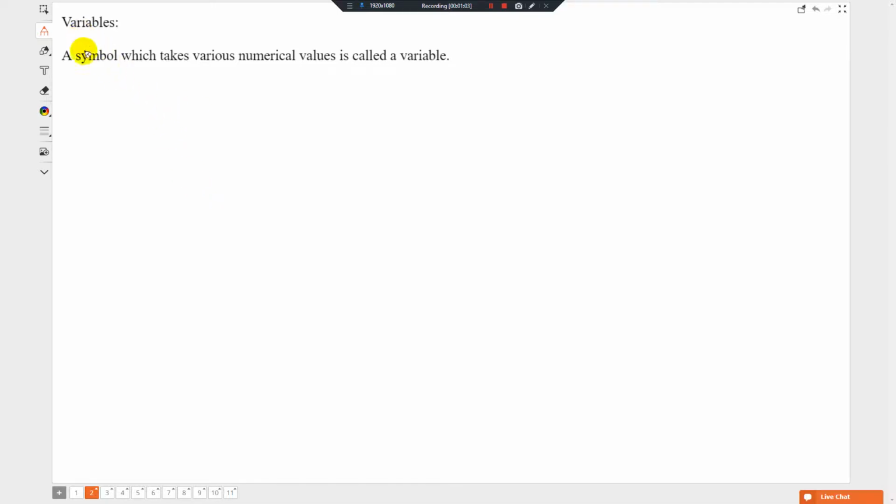Now, what are variables? Take the diameter of a circle. The diameter is d and the radius r is given by the formula d is equal to 2r. We write some short forms.